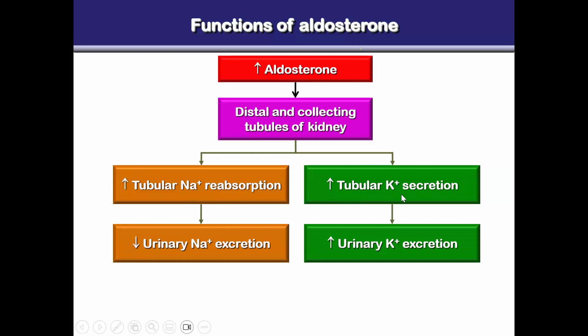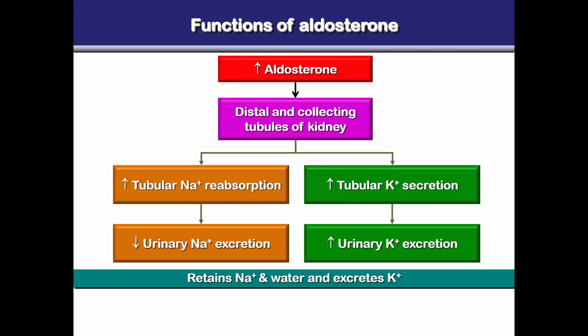And when there is potassium secretion in the kidney, that means potassium ions will be excreted out in the urine. So what will be the net effect? Sodium levels will increase in the blood and potassium levels will decrease in the blood, because potassium is lost in the urine by aldosterone, whereas sodium is reabsorbed and retained in the body.